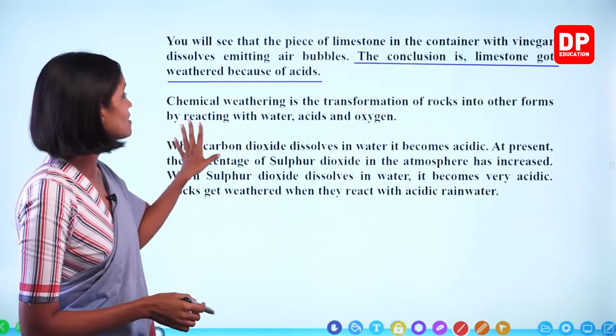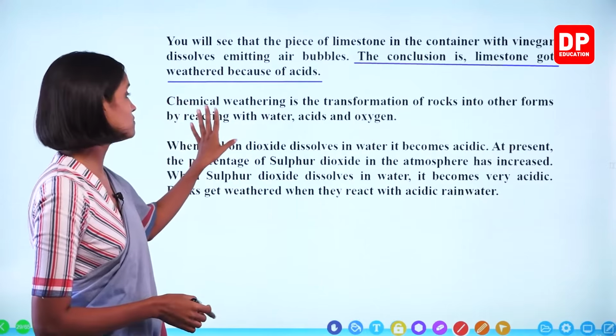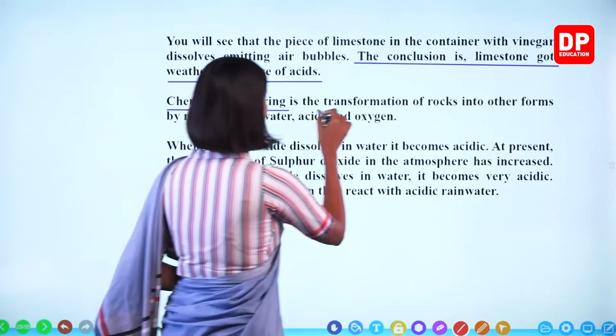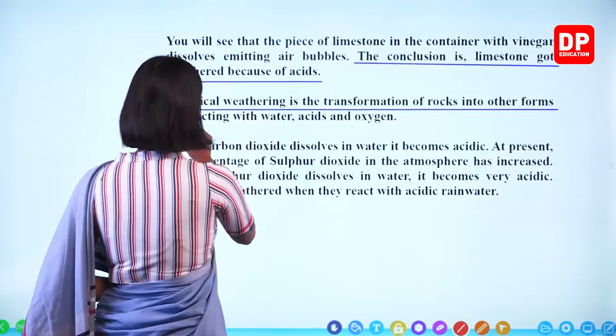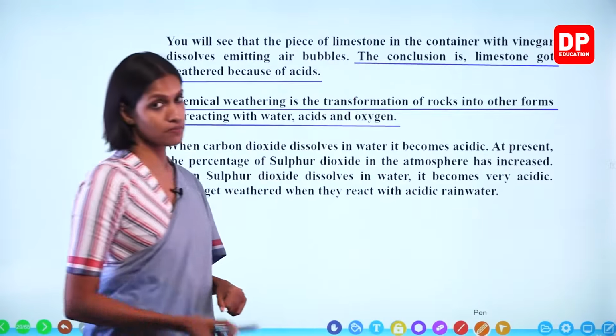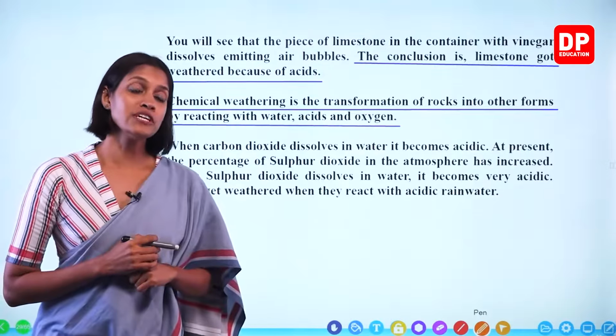So chemical weathering is the transformation of rocks into other forms by reacting with water, acids and oxygen. Right, children?